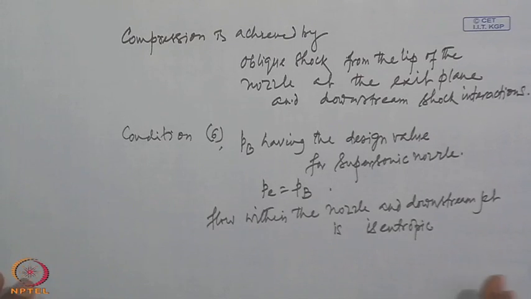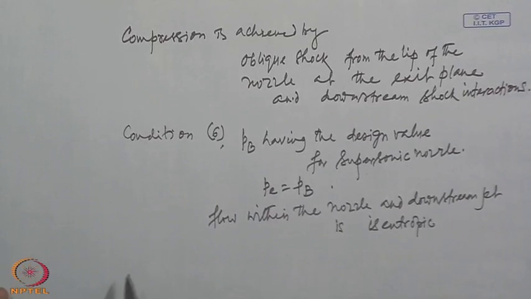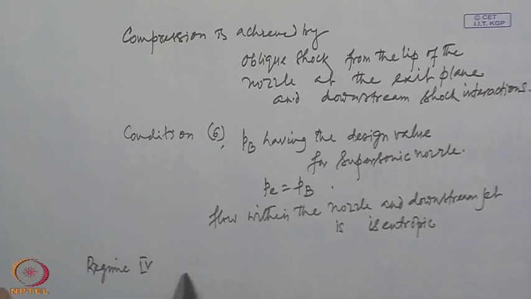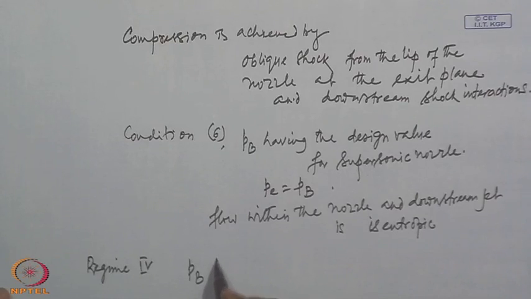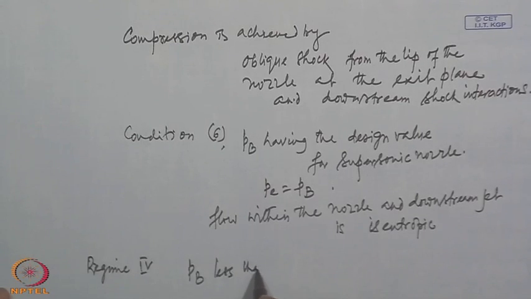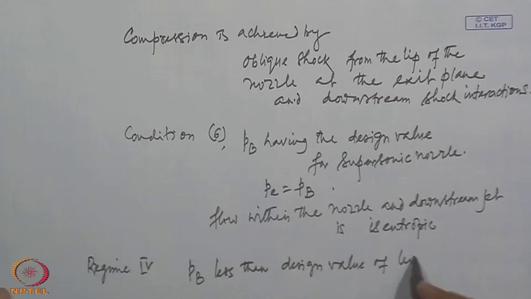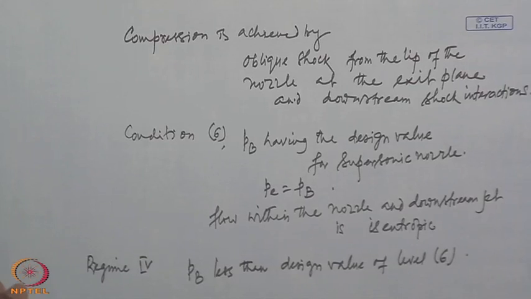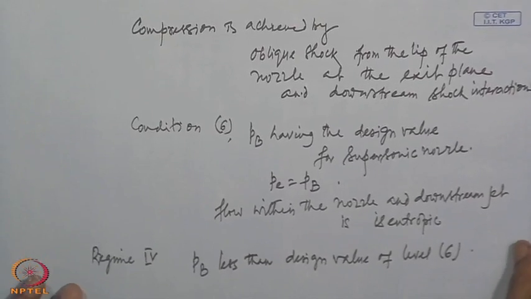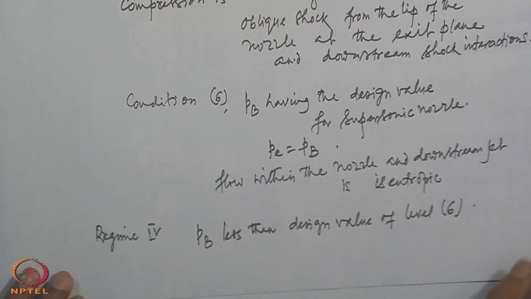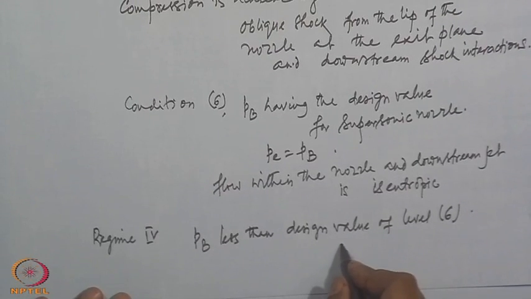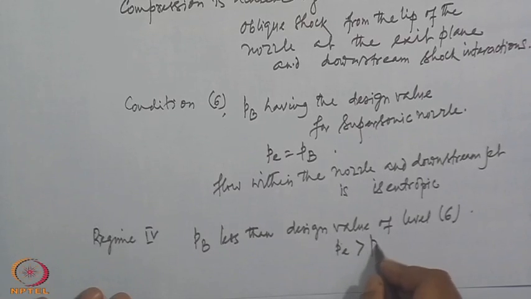Now, in regime 4, P b less than the design value of level 6, in this case P e is greater than P b, that is further expansion is possible.